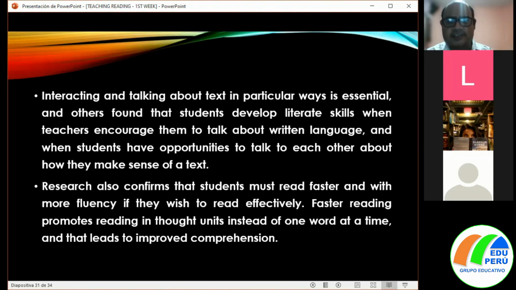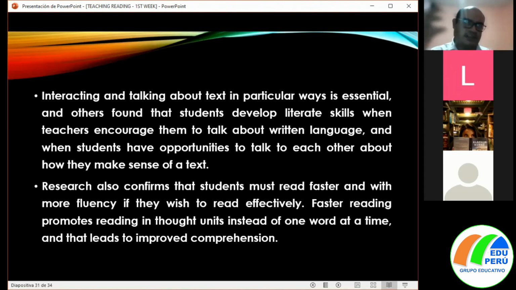But why? What is the reason that you must make your students read faster with more fluency? Because when they read fast, you are encouraging that they are going to read in groups. They are not going to read word by word. As it says here, they are going to read in thought units.